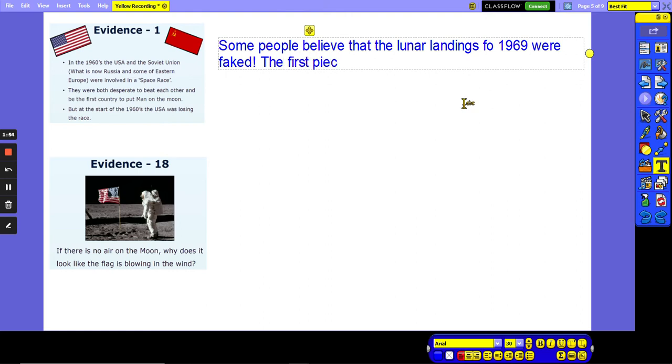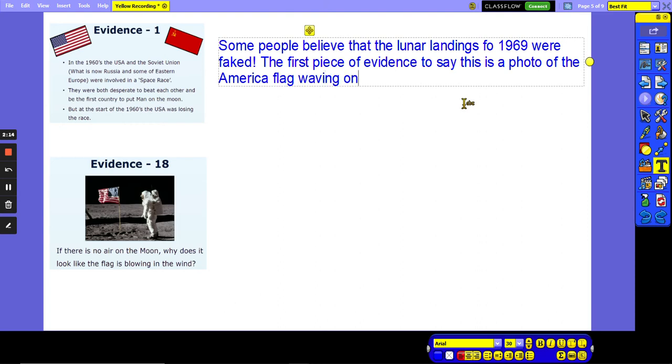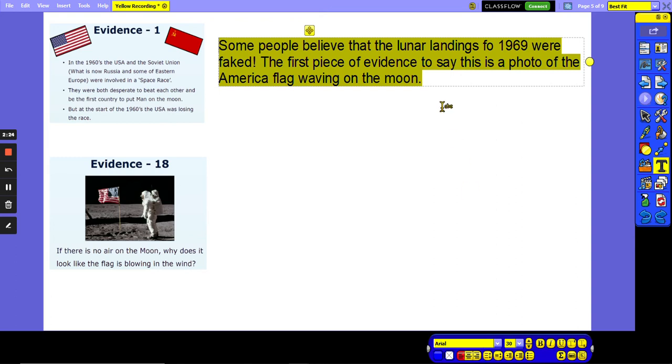The first piece of evidence to say this is a photo of the American flag waving on the moon. Now, that's great. Our readers might be thinking, oh, well, I don't really understand. Well, why is that an important point? So it's really key that you explain to them why that shows that it was faked.